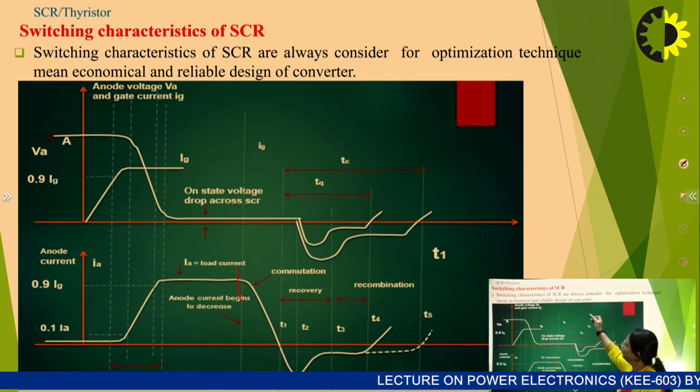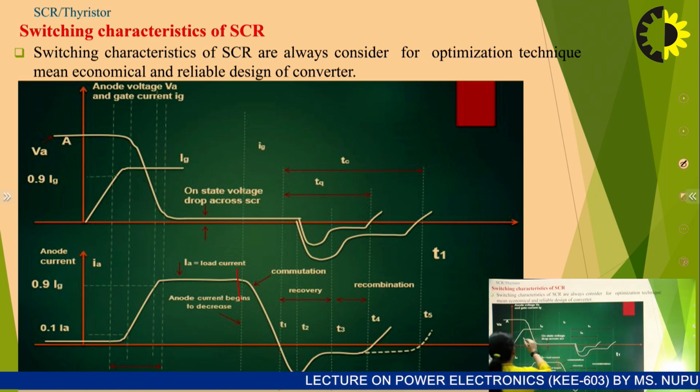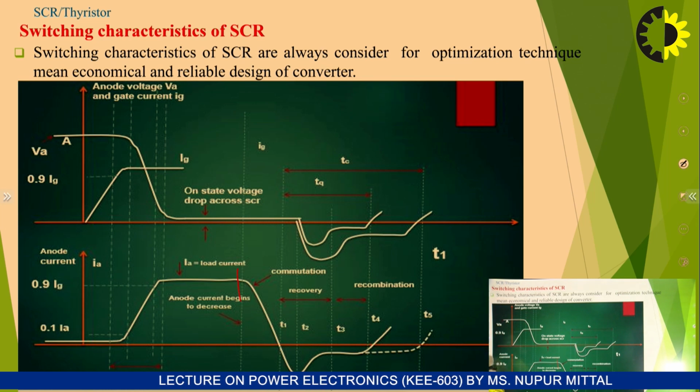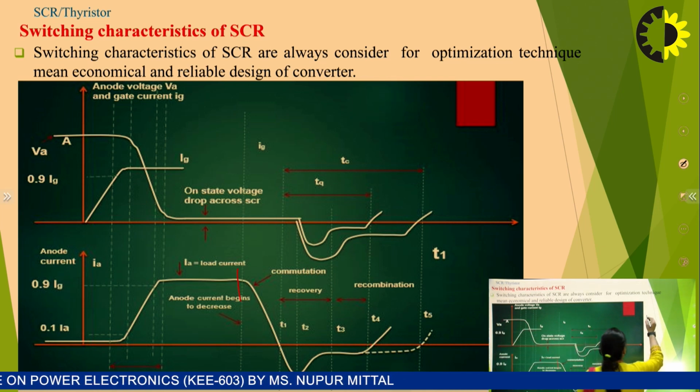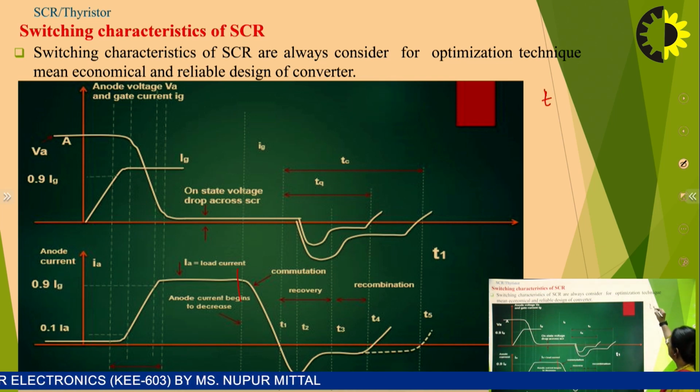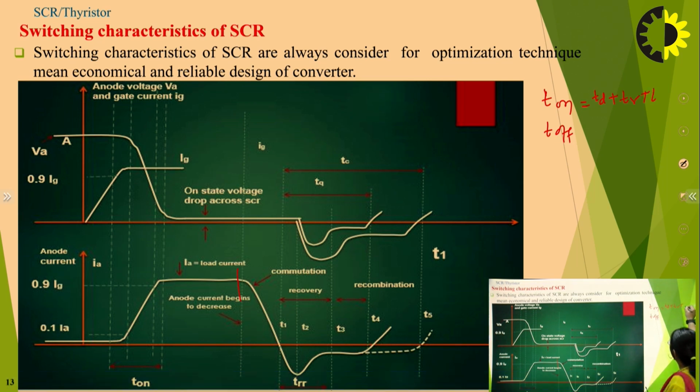This is the anode voltage and the gate current, and this is the cathode anode current. You can see that the switching characteristics are divided into two parts, the turn on time and the turn off time. And the turn on time is further divided into the delay time, the rise time and the spread time.